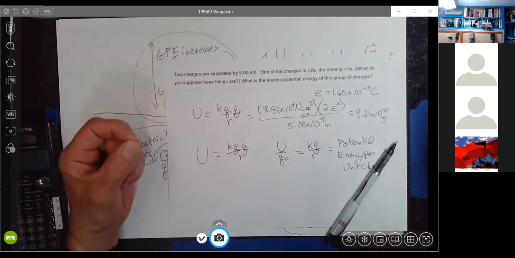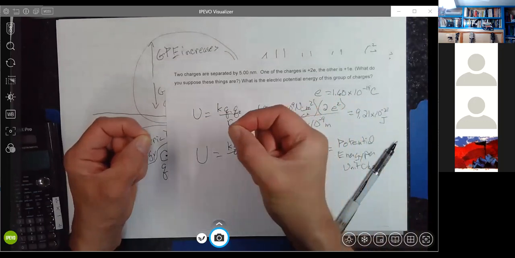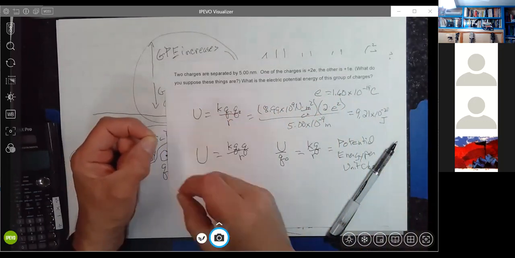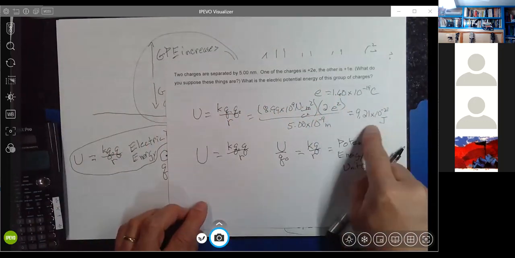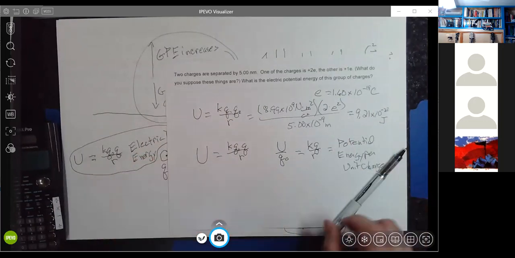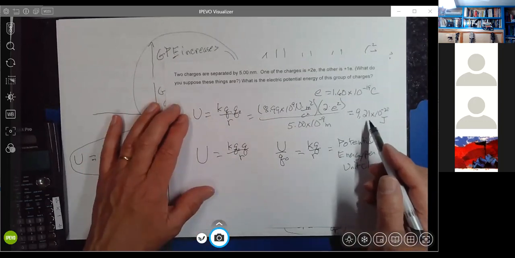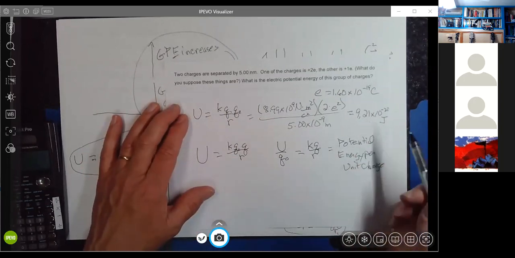But we'd have to be fighting against the repulsive force between these two things all the way in, and that's the amount of work that we would have to do to get them to that distance apart. So that's what the electric potential energy of them happens to represent.